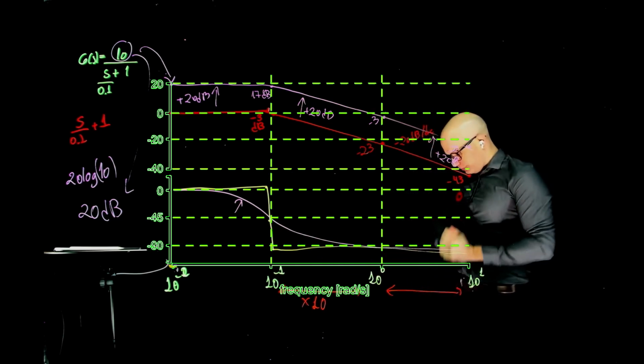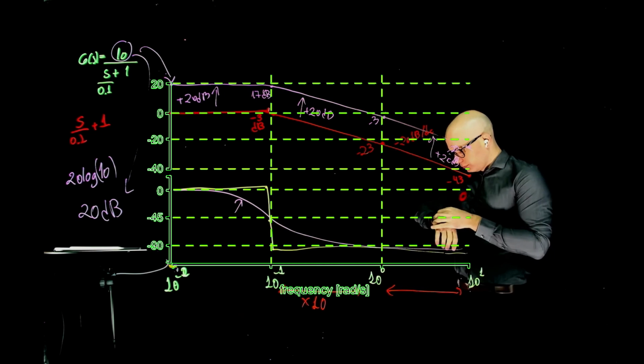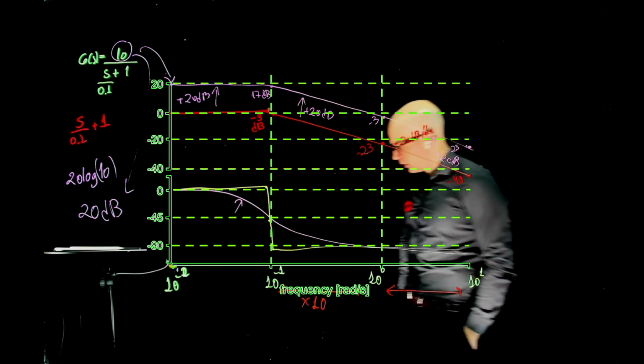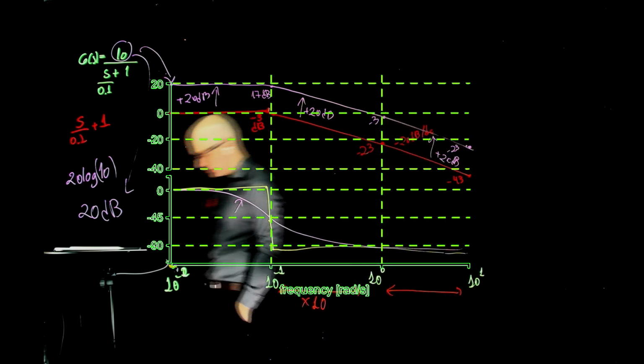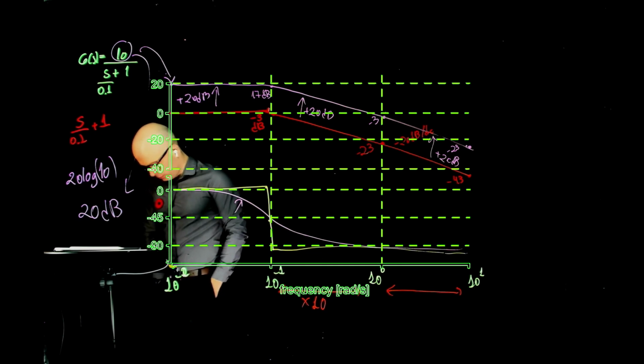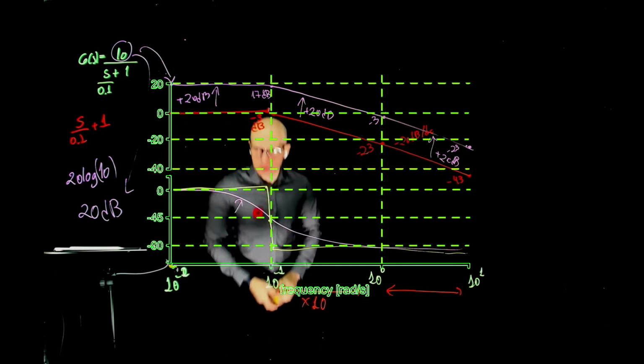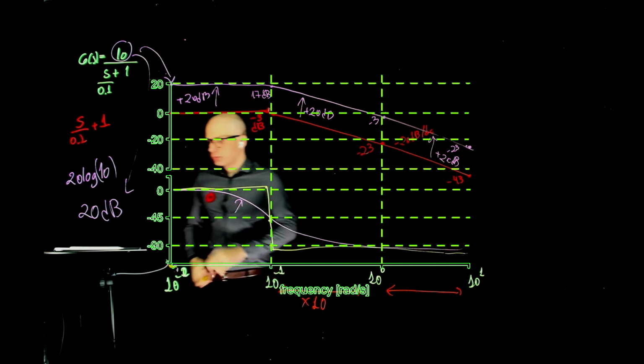Any questions? No? Yeah, perhaps. Can you explain why it goes to -90? Is that a property for the poles on real axes?